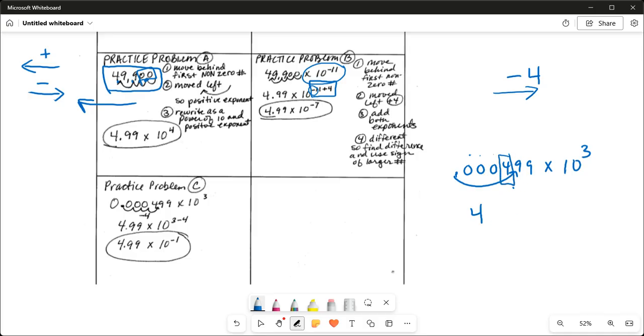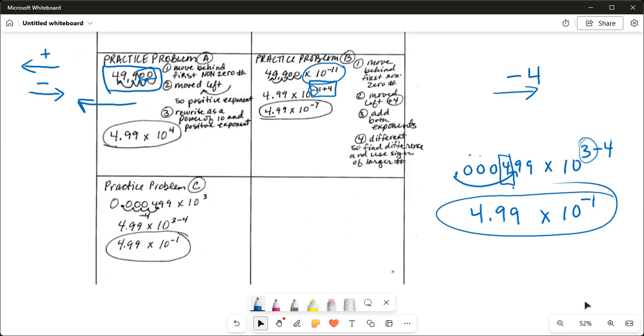We rewrite as 4.99 times 10. It's already got a positive 3 here. We're going to subtract 4. So that's going to be negative 1. Okay, that is lesson 74, scientific notation.